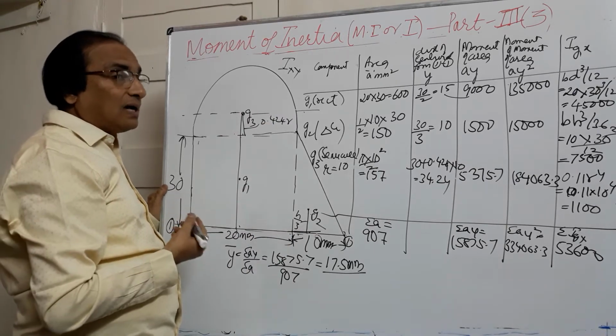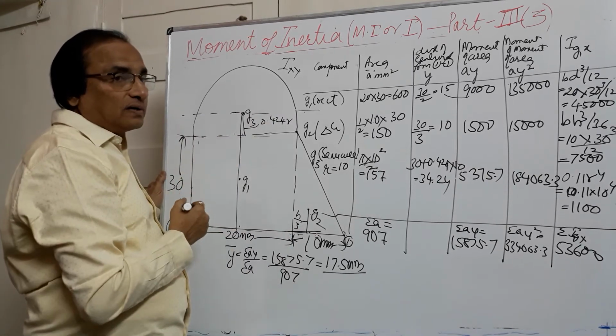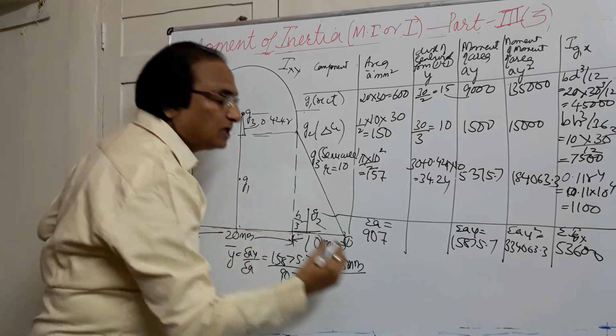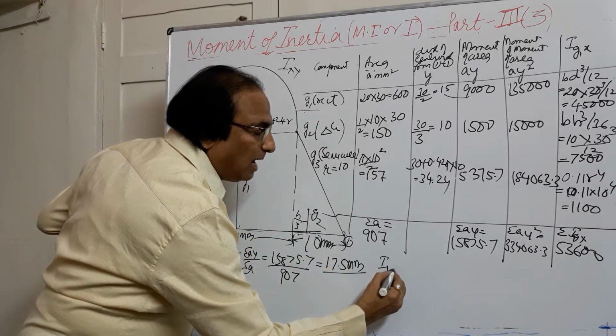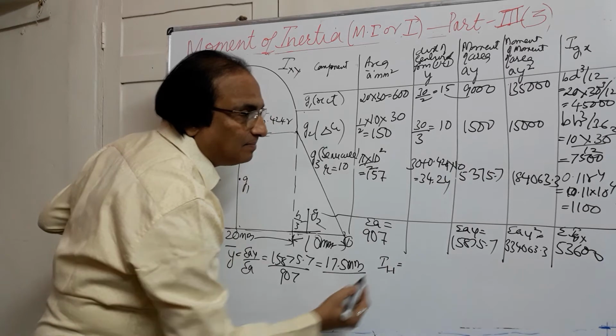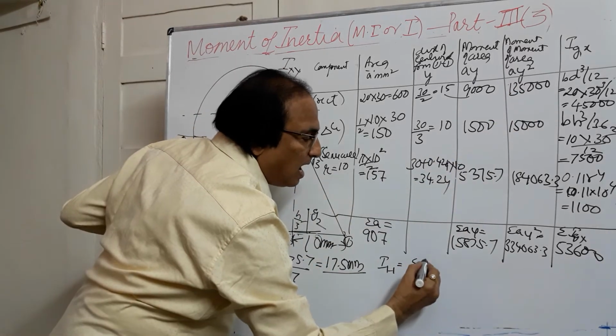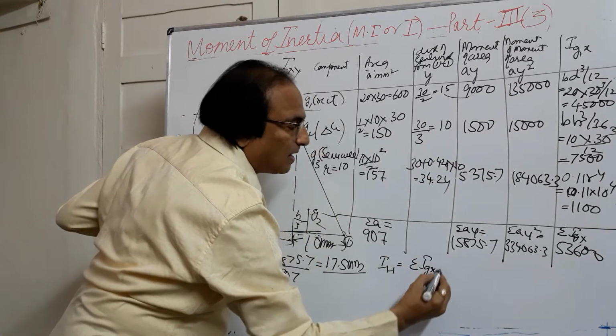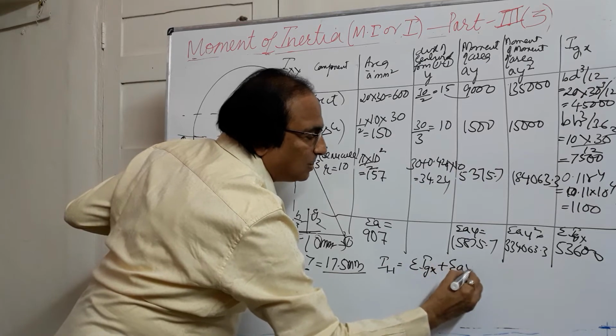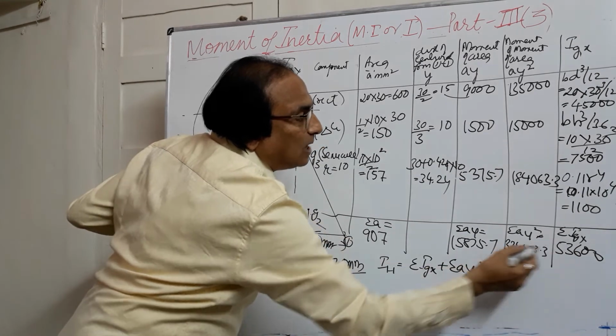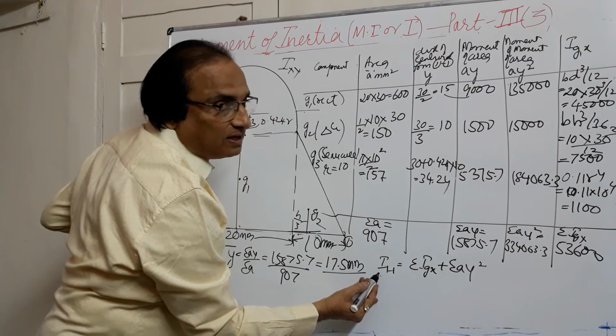Now we'll have to find out Ixx of the whole figure. So for that we'll go in two steps. First step is, we know I11 is given by parallel axis theorem. So this is sigma Igx plus sigma Ay square. That is nothing but add these two last columns, you get moment of inertia about 1 1.